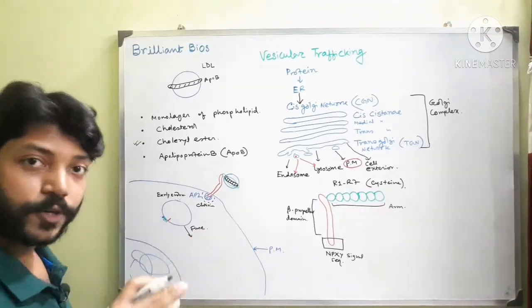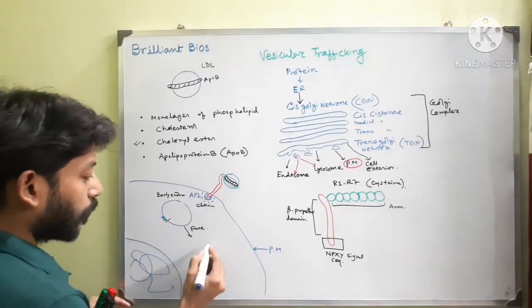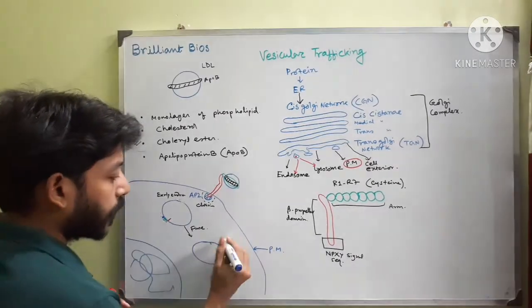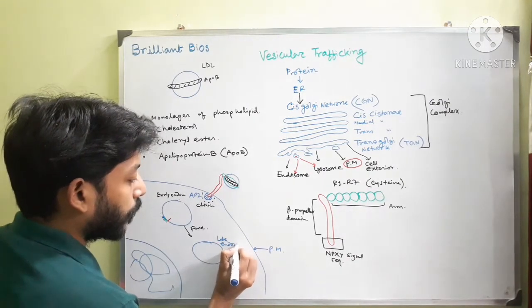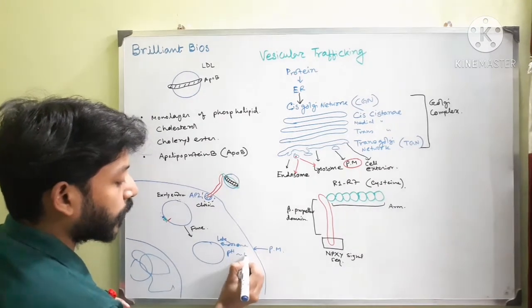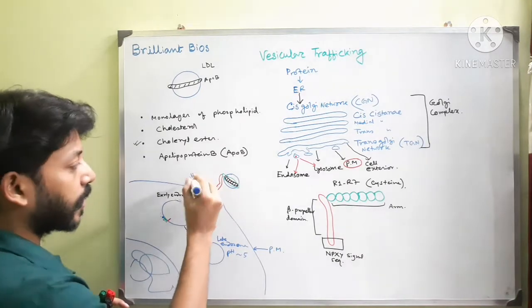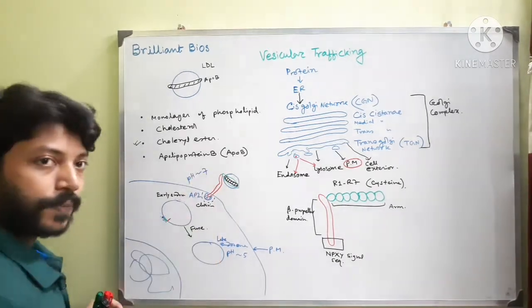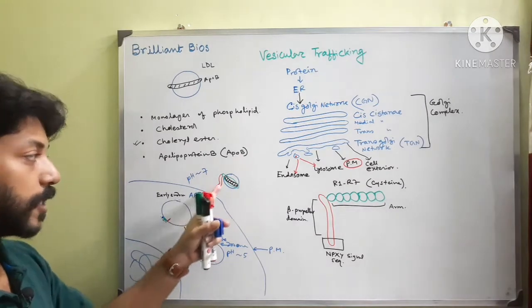I have made a separate video on fusion. They fuse with another vesicle, we call it late endosome. The pH of the late endosome is approximately 5, and the pH of the outside of the cell is approximately 7. This pH is very important for the functioning of this receptor.